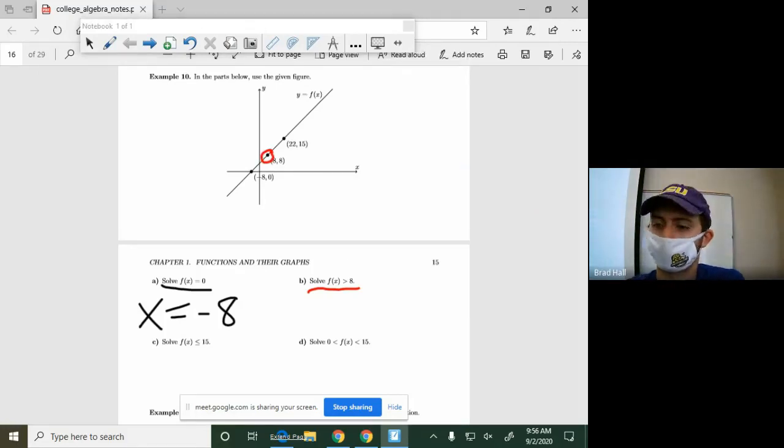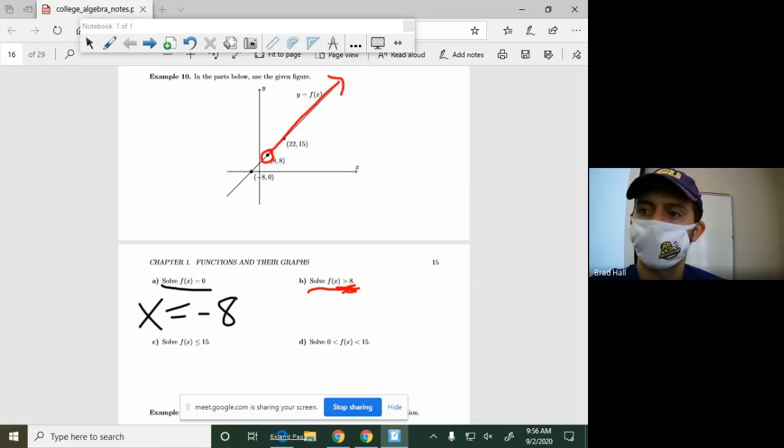I'm putting an open circle because we don't have an equal to part in this inequality. And since the function is greater than 8, we want to know when the function is above that point. So I'm going to shade that in red. That is when the function is greater than 8 in that whole shaded region.